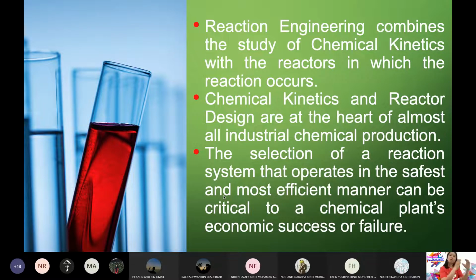So kalau dia loss banyak, okay, then I know the reaction is taking place vigorously. Good reaction. Kalau banyak raw material bertindak balas, I can say this is a very good reaction. So kita tengok kehilangan kepekatannya dengan masa. So this is what we call as kinetics. So you have to learn first kinetics, baru kita boleh design reactor.